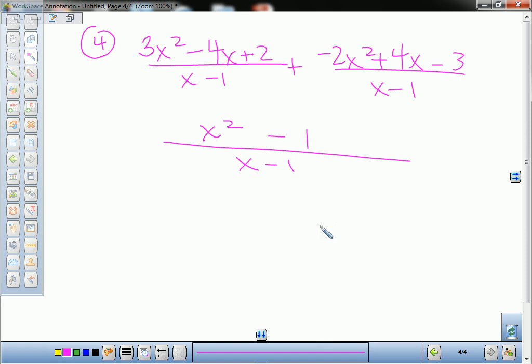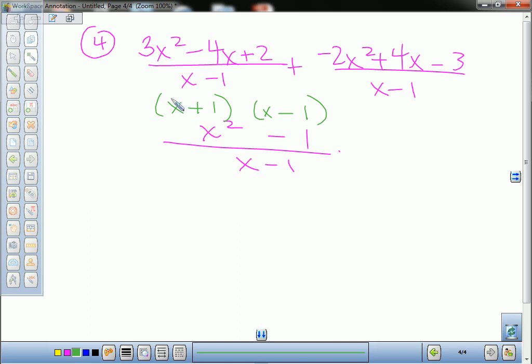Now we would be done, except, what does that numerator do? It will cancel after we factor. So sometimes when we get to this point, what it's simplified to will factor.